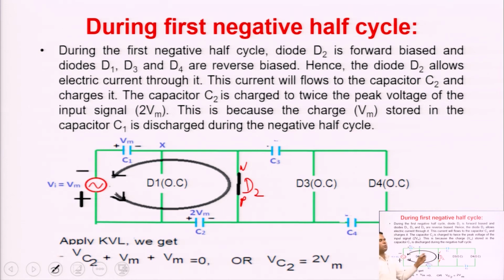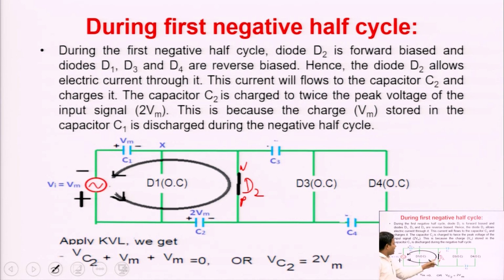So, obviously D2 is in forward bias. And now what about D1, D3 and D4? Here D4 may be eligible for forward bias, but D4 will be in reverse bias. Why? Because if D4 is in forward bias, then current has to flow through C2, C4 and C3. This means a high reactance path.